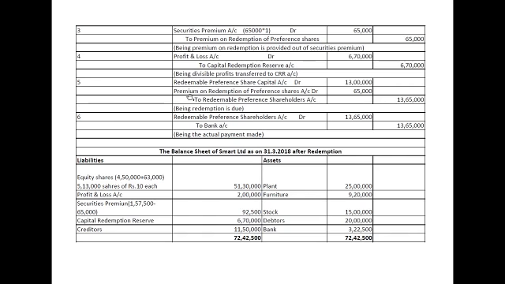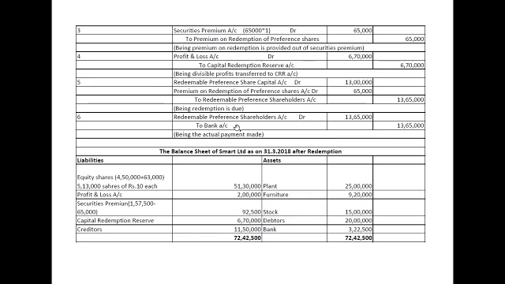Then premium on redemption of preference shares account 65,000 to redeemable preference shareholders account 13,65,000. Here we just transfer the amount. Then finally for the final settlement or final payment, redeemable preference shareholders account debit to bank account.